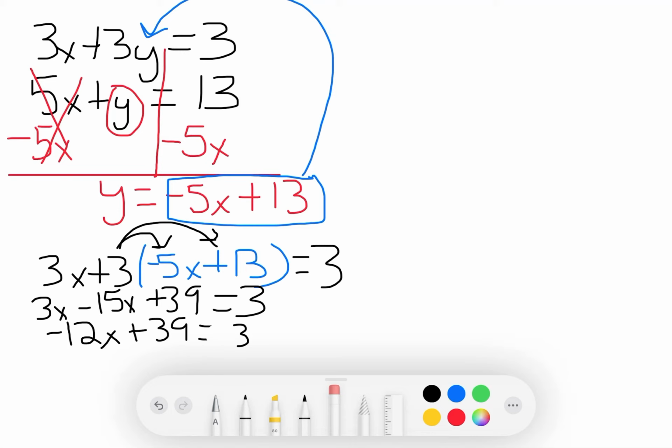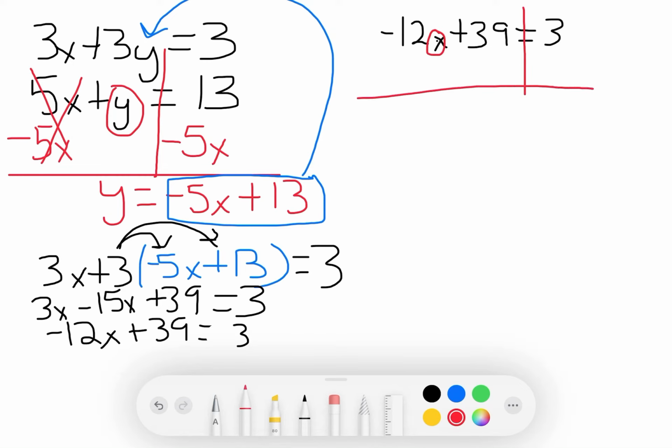So now that I have this here, I can solve this equation for x. So when I solve it, I have -12x plus 39 equals 3. Remember, I'm solving for x. X is my variable.